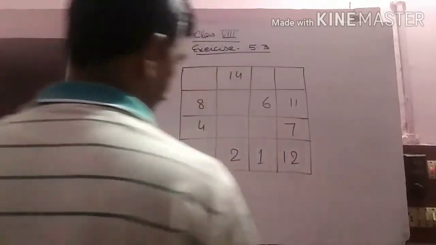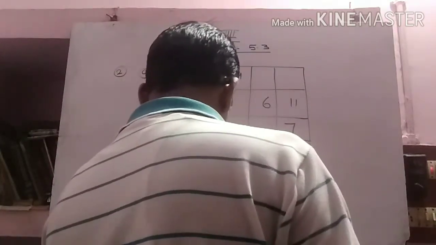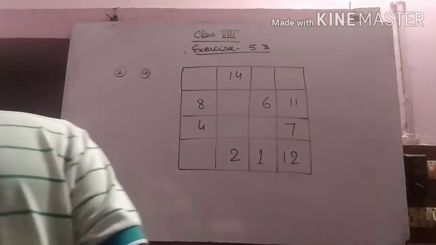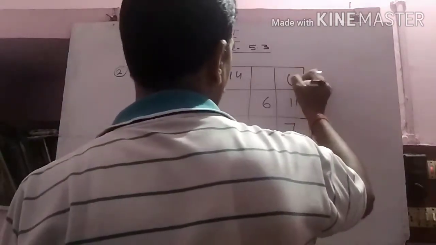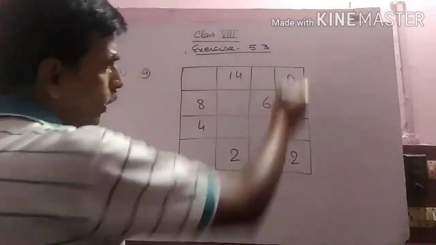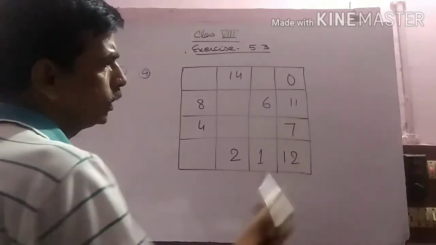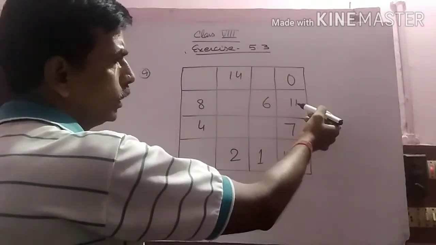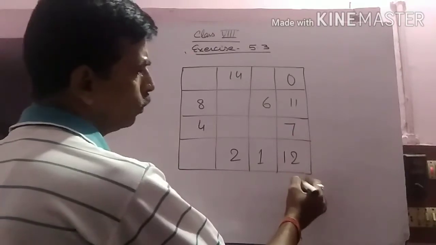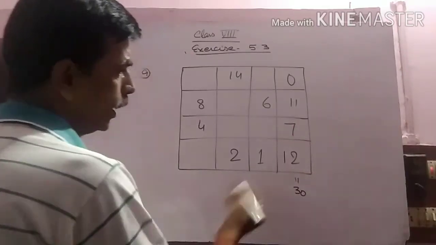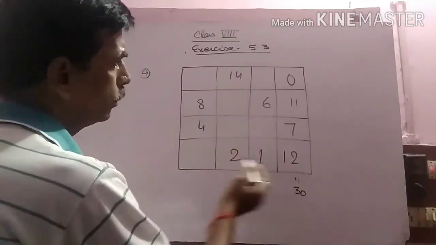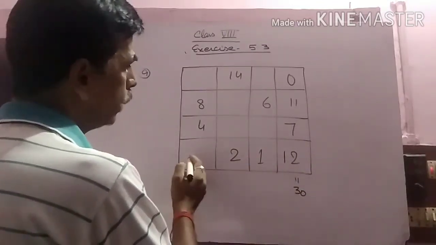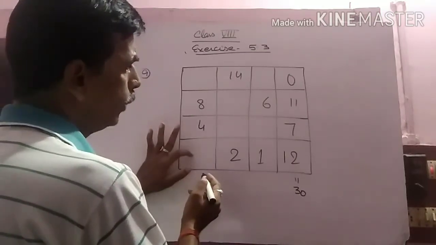Okay, look here. This one is 0 given here. So 1 is completely given. So we have to add all these numbers. 7 plus 11 is equal to 18 plus 12 is equal to what? 30. It means from any direction it will be 30. Look here, we got the 3 numbers here. So if you write with this one, it becomes completed.